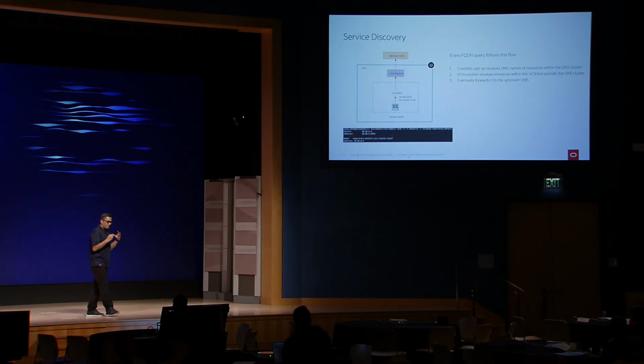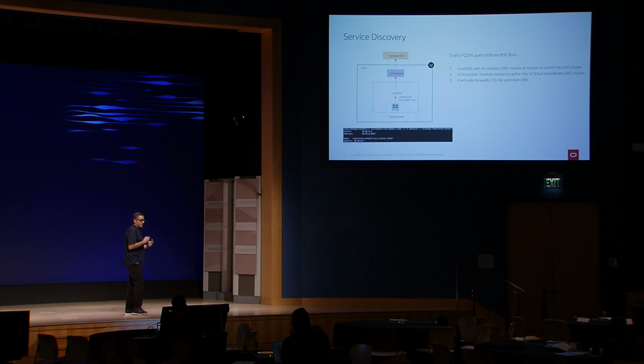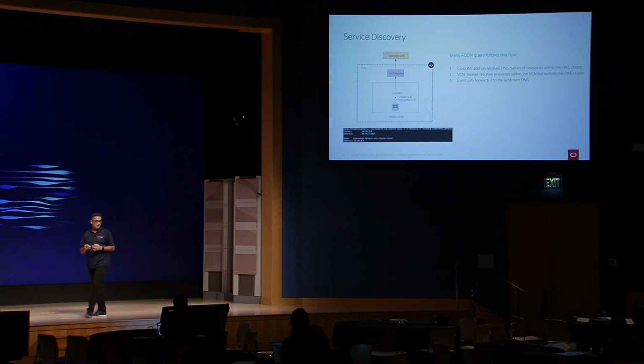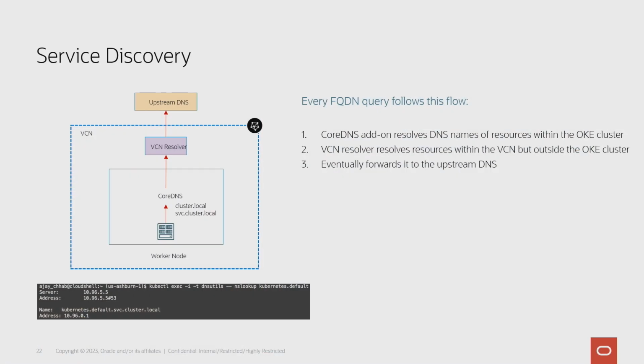So when we think about service discovery, the first thing that comes into our mind is DNS resolution, since DNS has been used in service discovery for years. Whenever you create a microservice, let's say in this example I have a microservice called Kubernetes, it gets registered into CoreDNS. CoreDNS registers every service that you define.